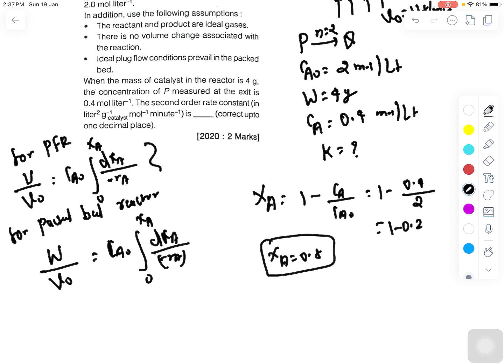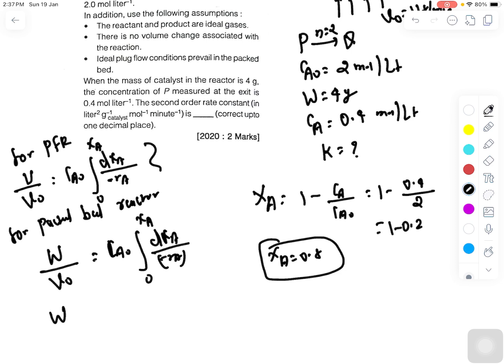Once you have calculated the conversion, what is the rate of reaction? The rate of reaction is K Ca square. Or if you don't want to write in terms of conversion, you can directly calculate in this way.